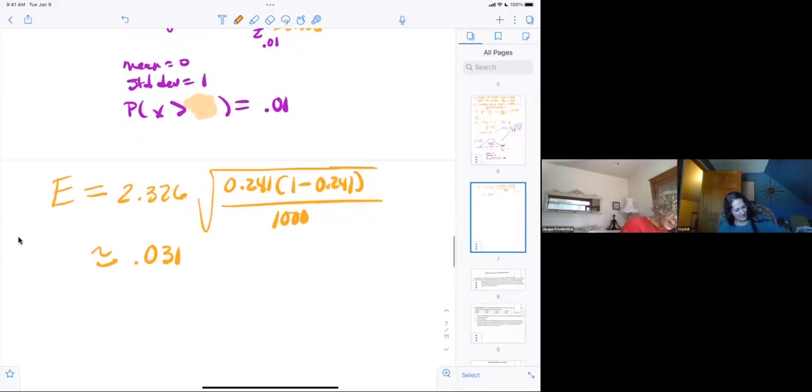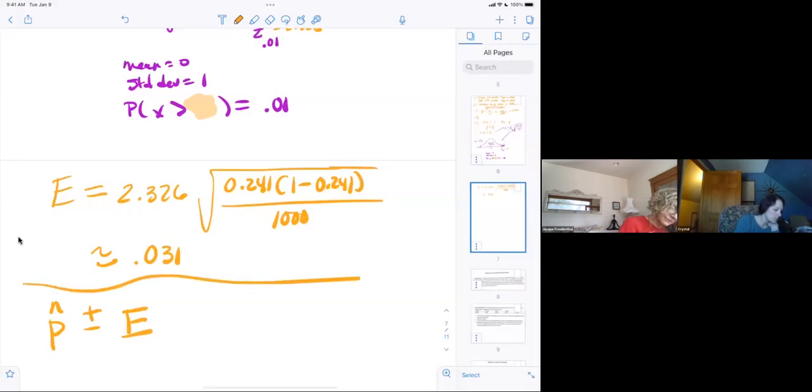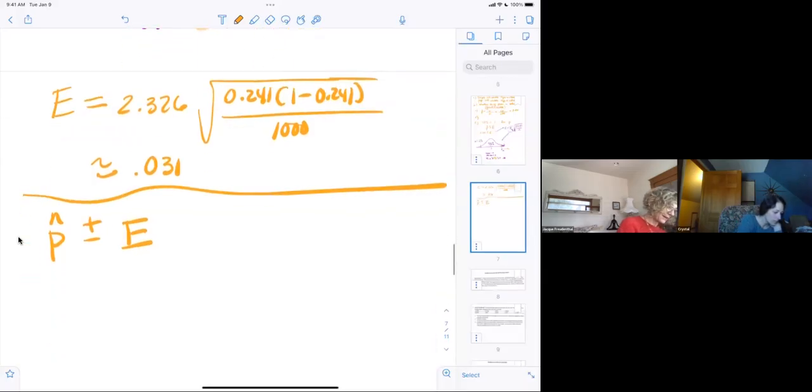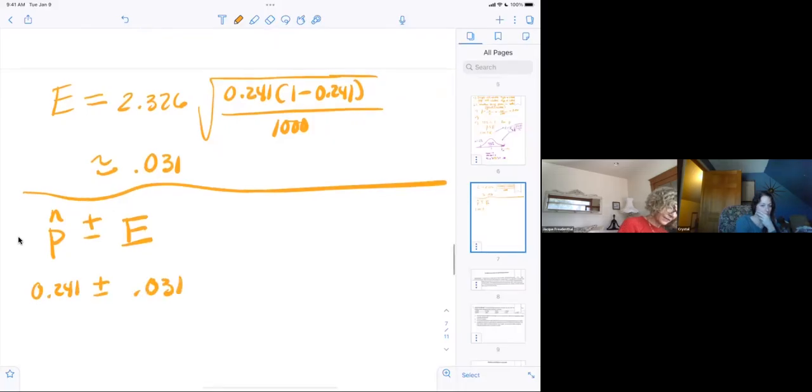Okay, so P hat plus or minus the error. My P hat was calculated to be 0.241, plus or minus this error we calculated, 0.031.